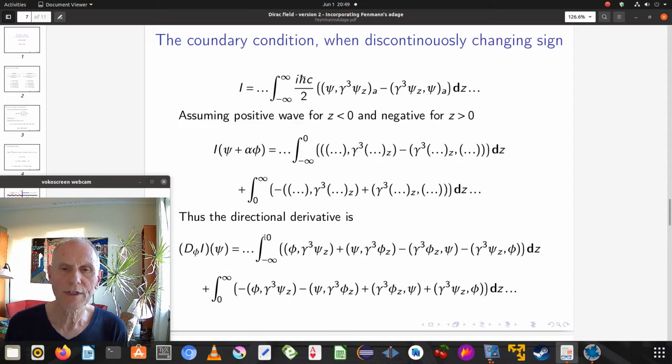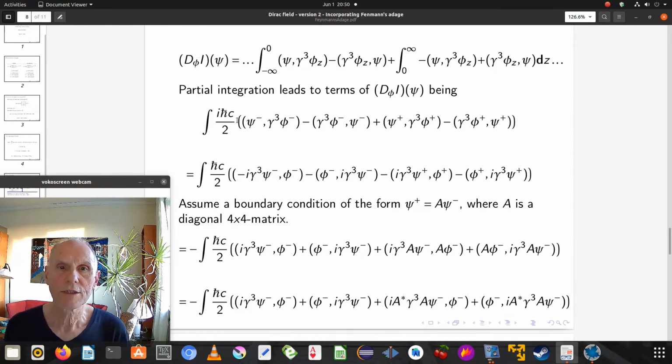So from minus infinity to infinity, we need to insert the value at naught from the negative side here, psi, gamma 3, phi, all evaluated at naught, but from the negative side. This is what we get here, and the other ones as I've written them. So only 4 terms.